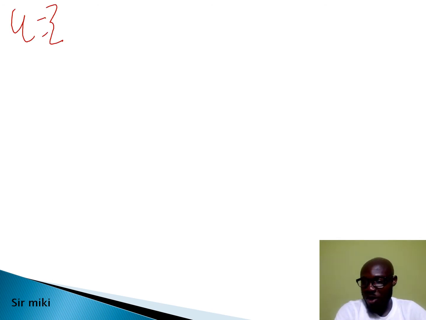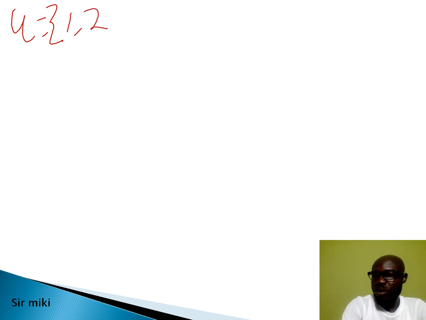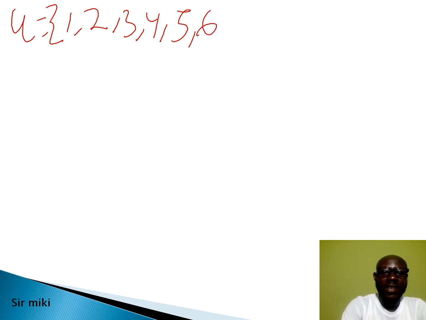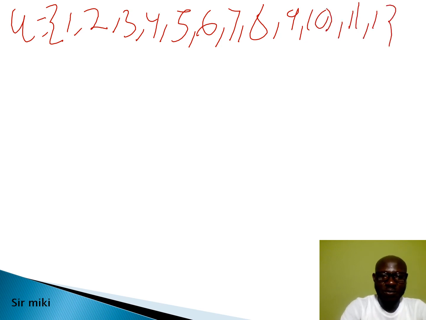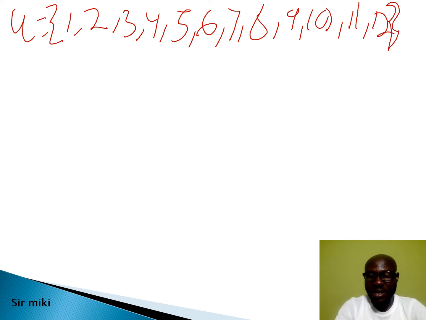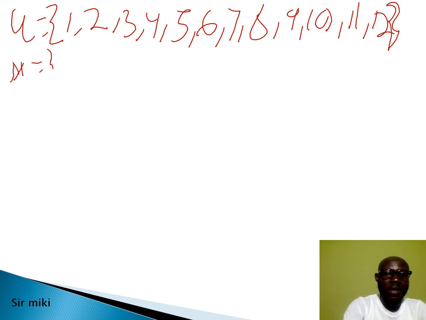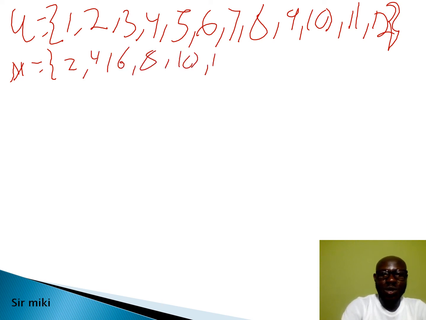So our U will give us 1, 2, 3, 4, 5, 6, 7, 8, 9, 10, 11, 12. Don't forget, we said that it should be less than 13. Now our M will give us 2, 4, 6, 8, 10, 12.